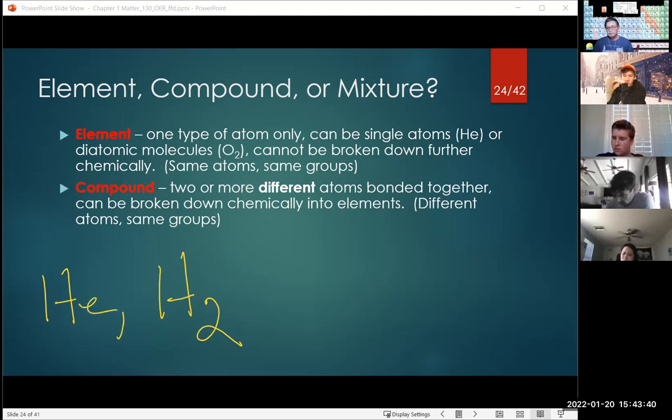These are elements. That's it. But let's say we put together two different elements like hydrogen and oxygen. We created a compound, H2O. Two different elements make up what we call a compound.